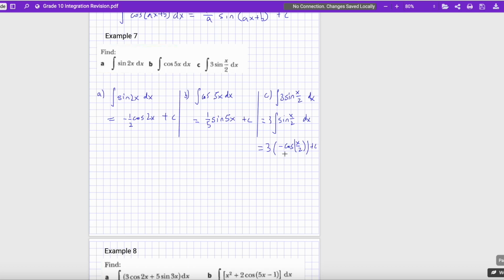And I will divide cosine x over 2 by the differential of x over 2, which is half. So I'll divide it by half here. Working it out, this will be minus 6 cosine of x over 2 plus c. Let me know down in the comments if you managed to get this answer yourself, and let me know if it's helpful.